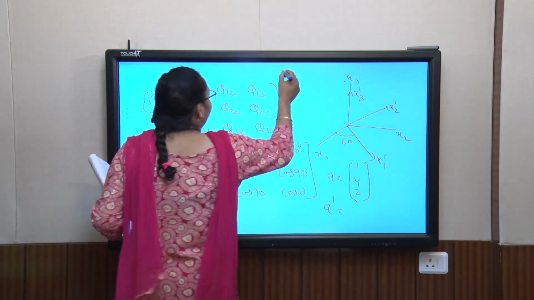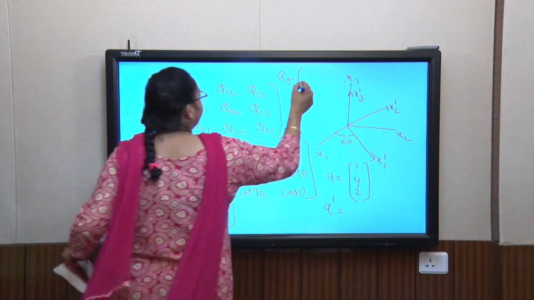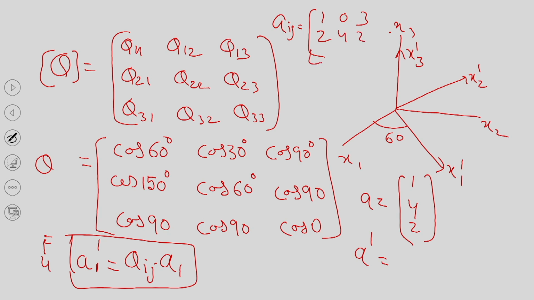Now, let us talk about a matrix component Aij. Let us say 1, 0, 3, 2, 4, 2, 1, 6, 9. We have this. Now, we are interested to find Aij dash. What will that be? It will be Qip, Qjq and Apq.